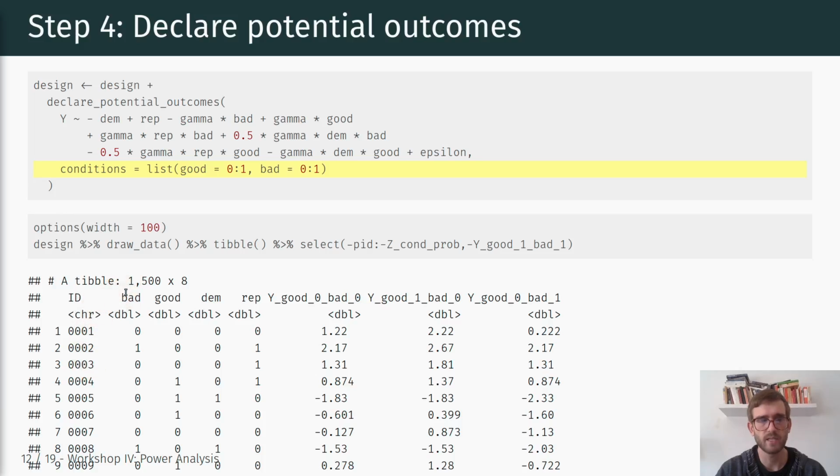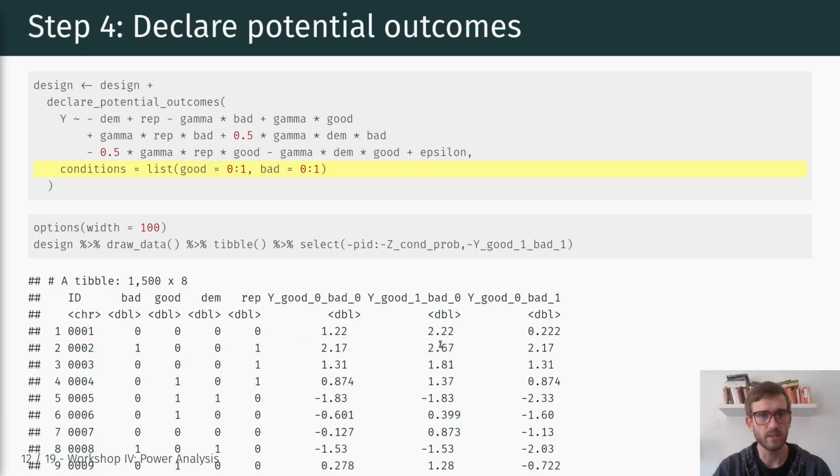We have our ID, we have our indicators for the positive and negative treatment condition, we have our pre-treatment covariates for Democrats and Republicans, and we have three potential outcomes. One for the control condition, where good and bad are equal to 0, assuming this data generating process.